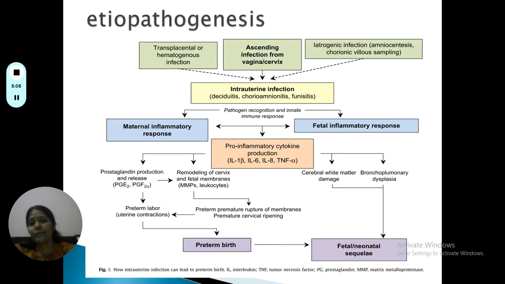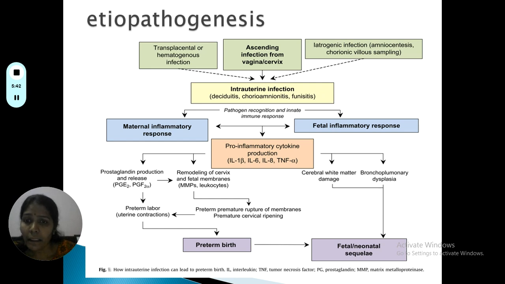So what is the pathogenesis? What has happened? First we start with any focus of infection, intrauterine infection, which will mount a maternal as well as a fetal inflammatory response. The causes of infection can be either transplacental, hematogenous, ascending infection from the vagina or cervix, or iatrogenic from any procedure like amniocentesis or chorionic villus sampling. This will lead to infection, and this infection can mount an immune inflammatory response.